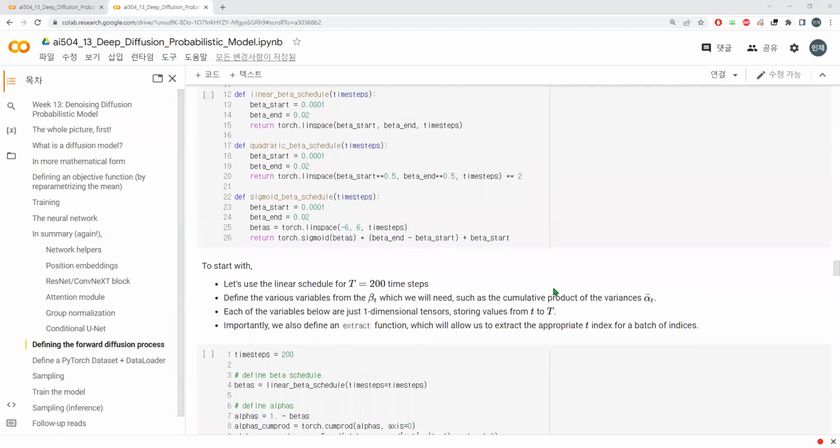Where is that? I will find it from the original DDPM paper, Denoising Diffusion Probabilistic Models.